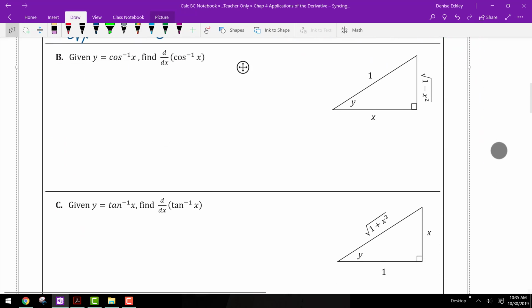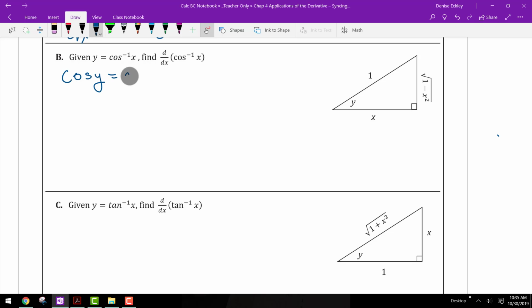Okay, so now doing cosine, we're going to start the same way. We're going to start by rewriting the inverse as a regular cosine function. So we're going to have cosine of y equals x. So now we know how to take the derivative of both sides with respect to x, which we are going to do.